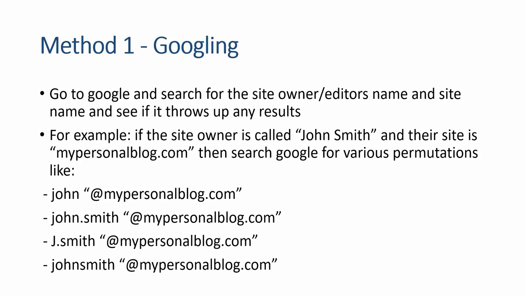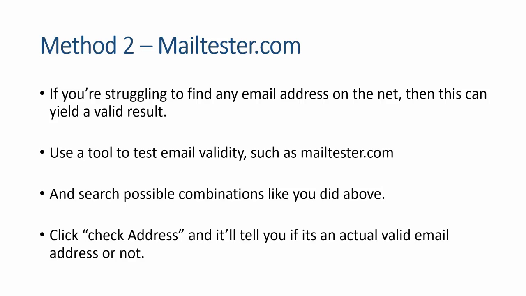However, this next method will verify if it is live or not. This is quite a good tool, mailtester.com. If you're struggling to find any email address, and you're trying to find out where it is on the net, then this can sometimes yield a valid result. It will allow you to test email validity.